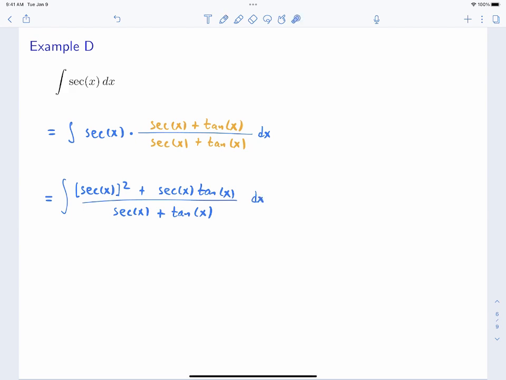Now my claim is that the derivative of the denominator is the numerator, and we can see that because the derivative of tangent is secant squared, and the derivative of secant is tangent times secant.